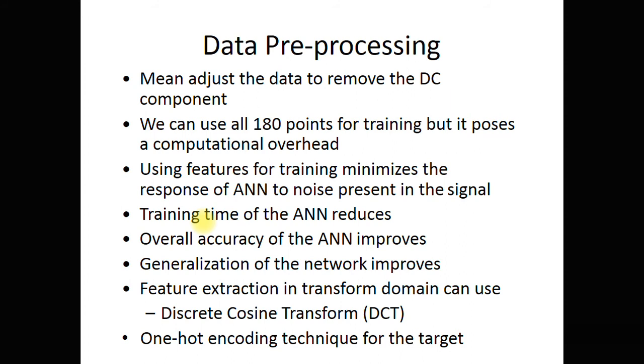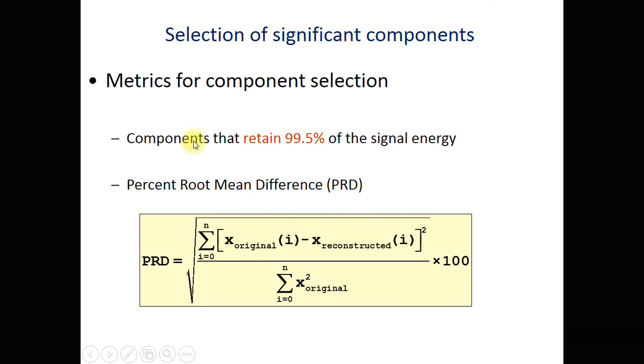So we have 180 samples. Out of that, if I apply DCT, I am going to get 180 discrete cosine coefficients. But what I will do is retain only those DCT components which retain 99.5% of the signal energy. It means that most of the information of the signal, up to 99.5%, I will retain. Other components I can safely discard.